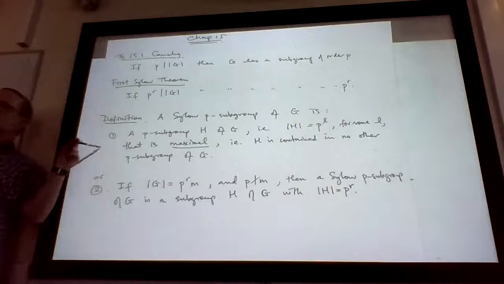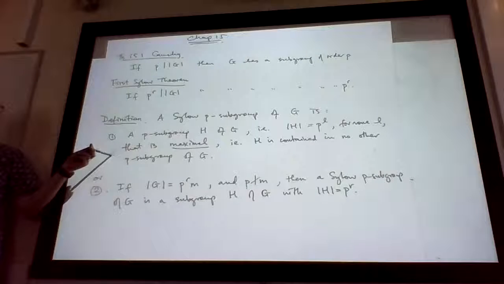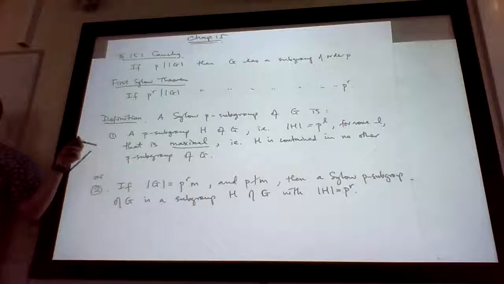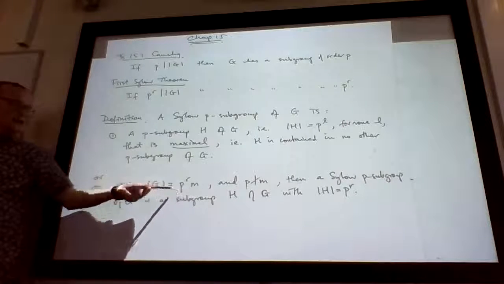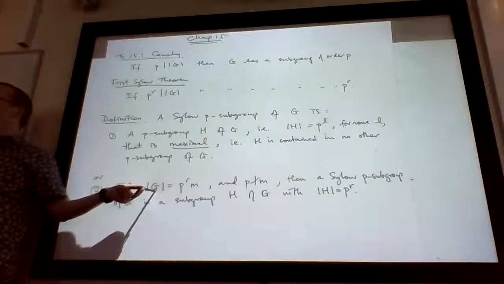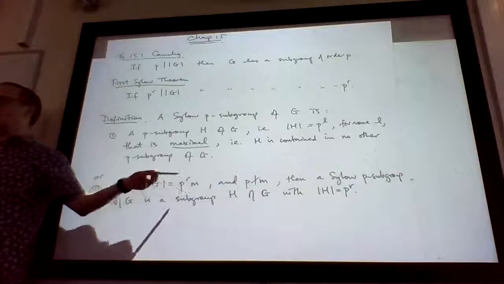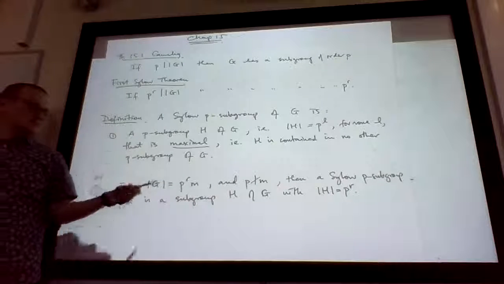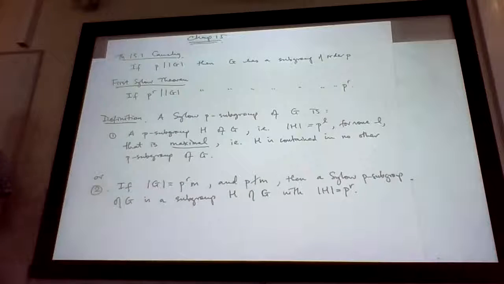There's one little advantage to definition 1. Definition 1 could apply, and I think the concept does apply, to infinite groups. Obviously, you can't talk like this if the group G is infinite, because if the size of the group is infinite, it doesn't have a prime factorization. And it doesn't mean anything to say that this power of P divides the size of G, if the size of G is infinite.